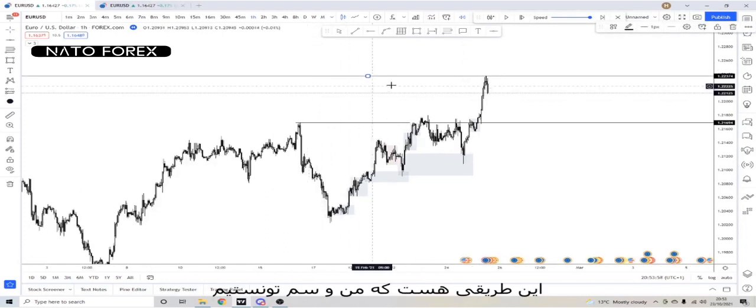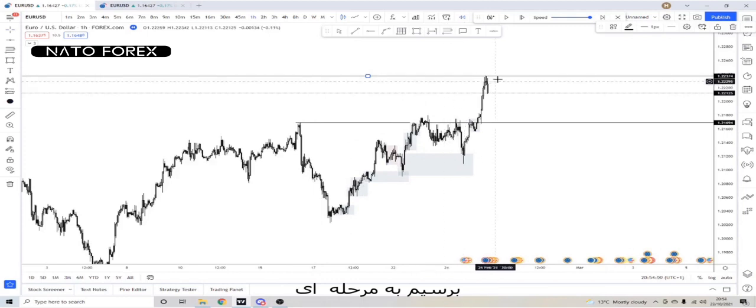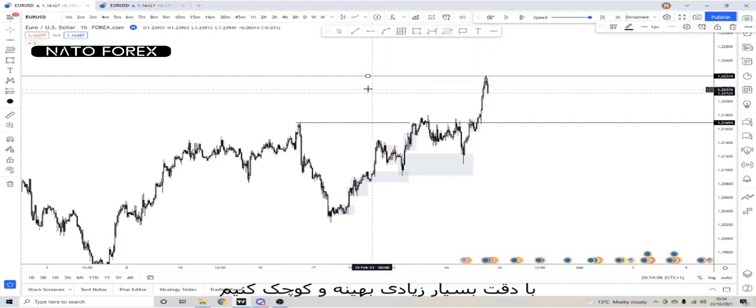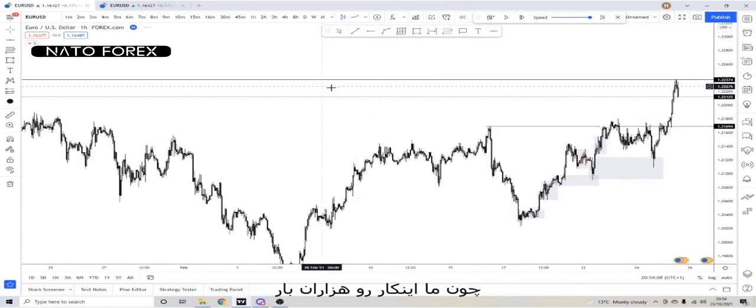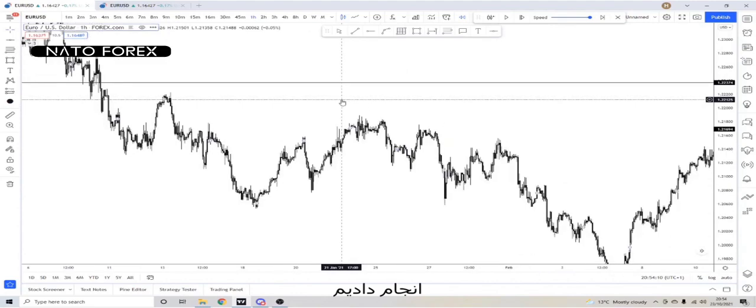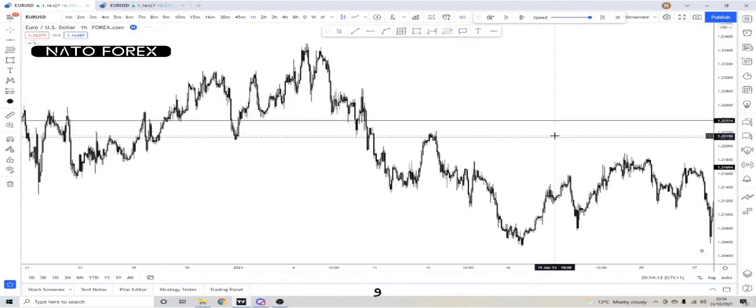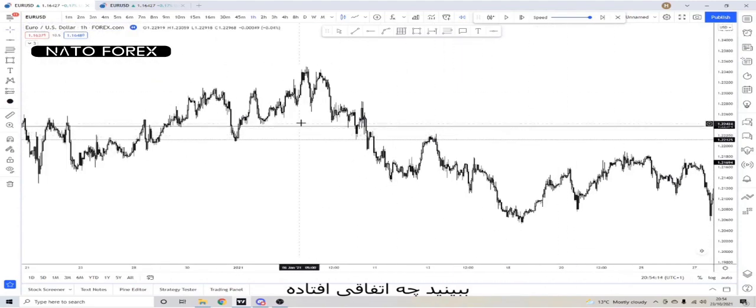Because this is how we got to the stage of refining our POIs to ridiculously small areas, because we've done this thousands of times. And look what happens.